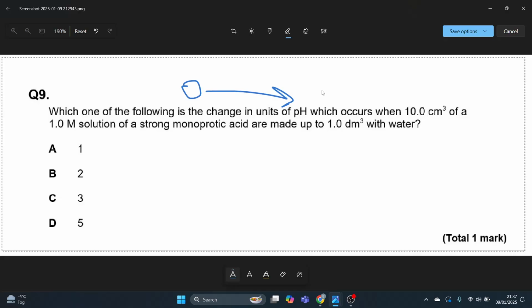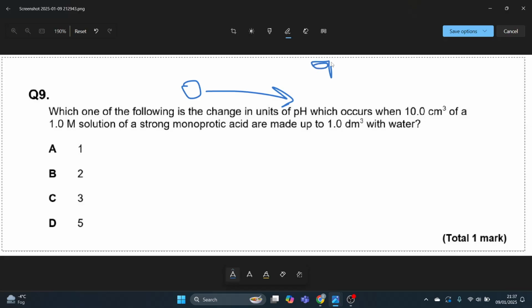Well, after the dilution has been made up to that, what happens is that I go from 10 divided by the original volume divided by the total volume.